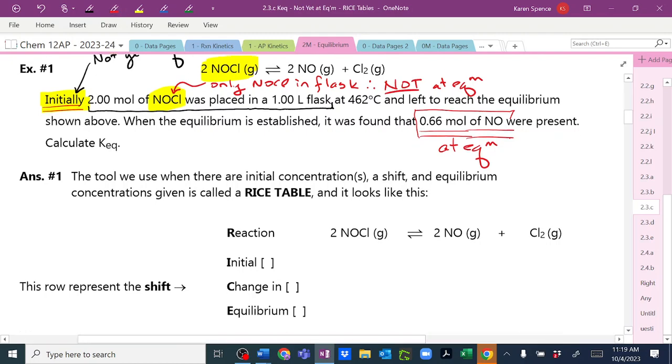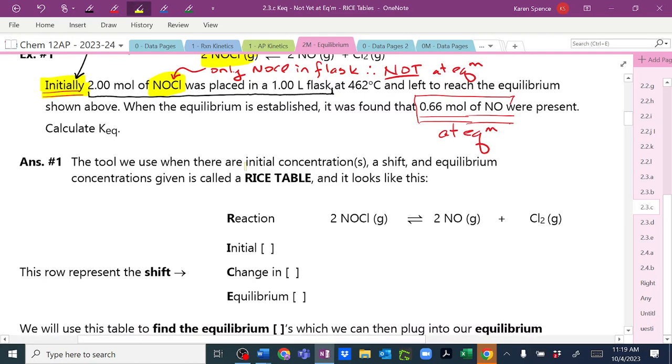So the tool we are going to use is going to use the initial concentrations. It's going to use the shift, which is a change in concentration, and then it's going to use the equilibrium concentrations, and at the top of this little table we are going to write the reaction so that we can see the coefficients.